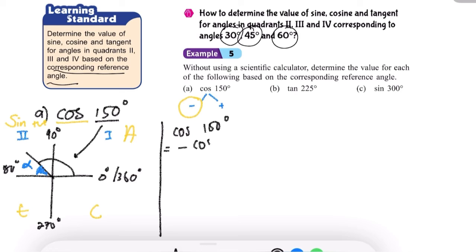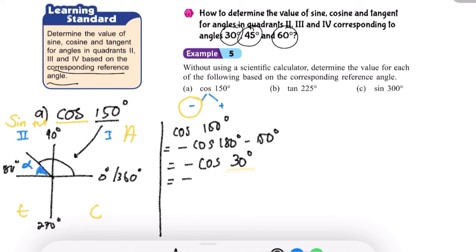And then I find out the reference angle properly. Okay, so negative cos. So here I get 30 degree. Now you put a negative here first. And then we look at here, we have a special angle of 30 degree.